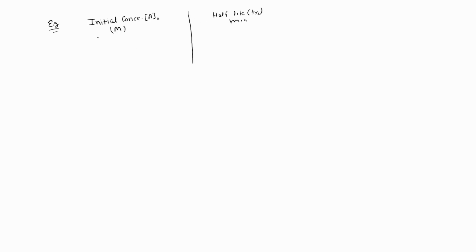So you are given two sets of data here: A1, T1, A2, and T2. Let's consider a reaction A to P. Initial concentration is A1 and half-life T1. Initial concentration is A2 and then half-life T2.